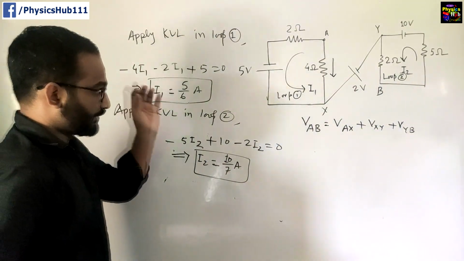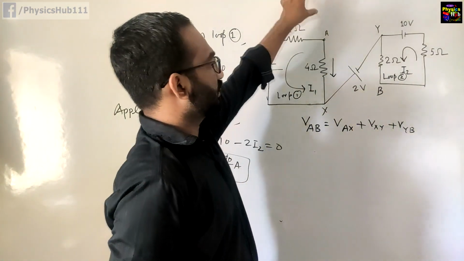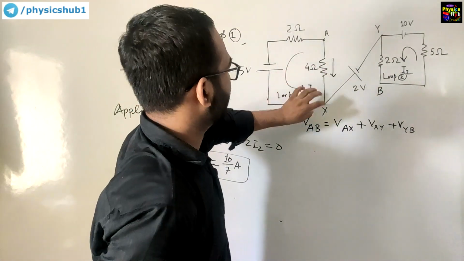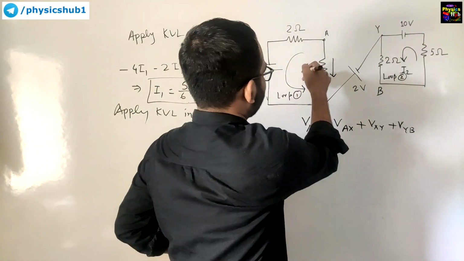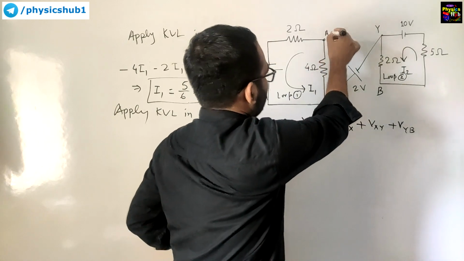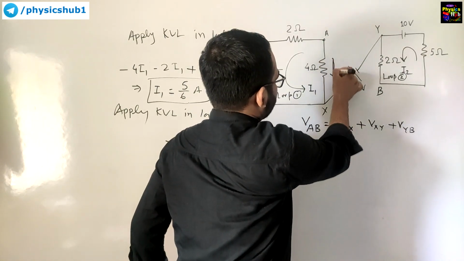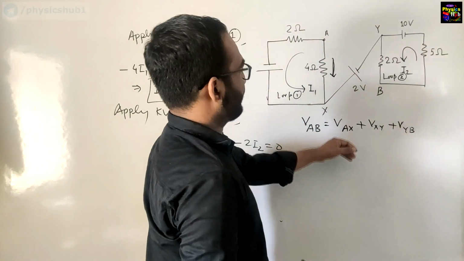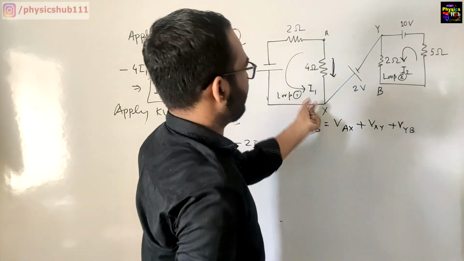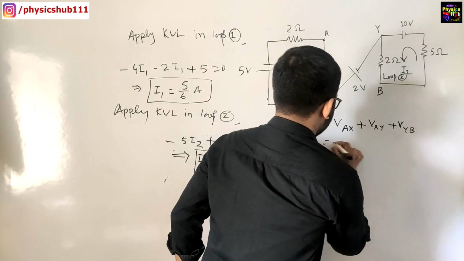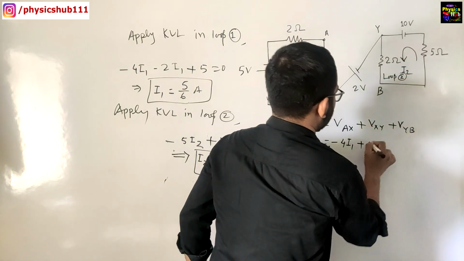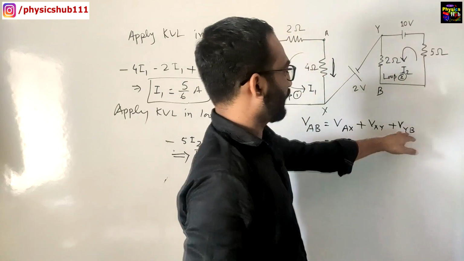Now you can see here the voltage drop is purely I into resistance. We have calculated the direction of I in this direction, but we need this direction of current to calculate the voltage drop across A and X. So Vax equals 4 times negative of I1, basically minus 4 times I1, plus 2 remains, that's Vyb.